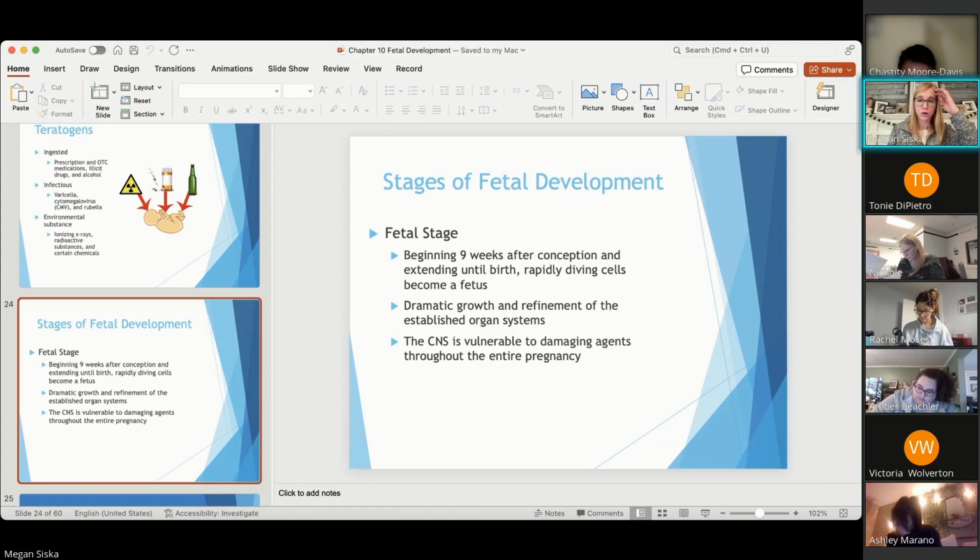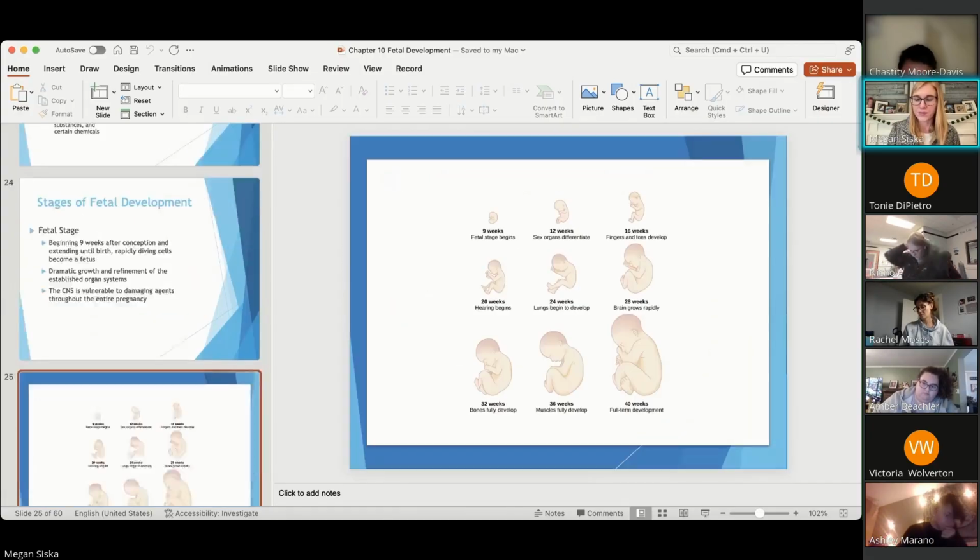The central nervous system, which we have started to develop, is vulnerable to teratogens throughout the entire pregnancy. So there are certain things that you just have to avoid the entire pregnancy, because this baby is still developing, especially the central nervous system.